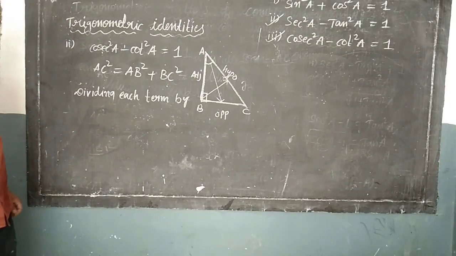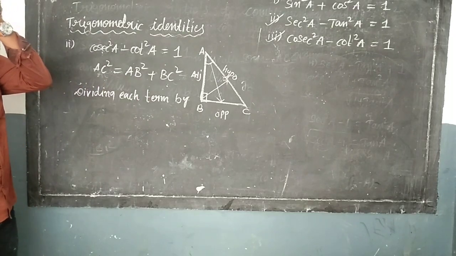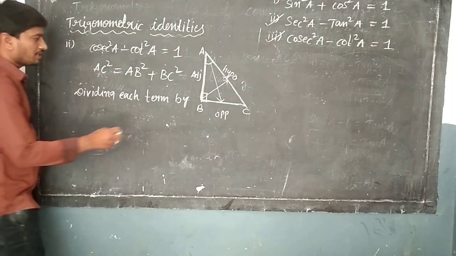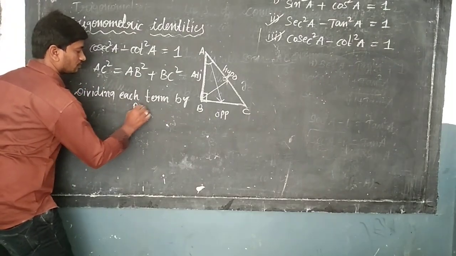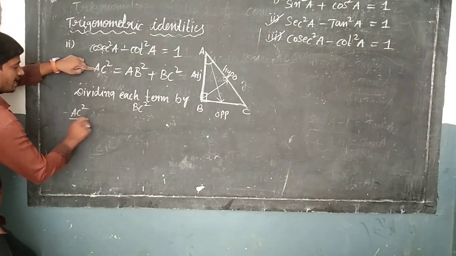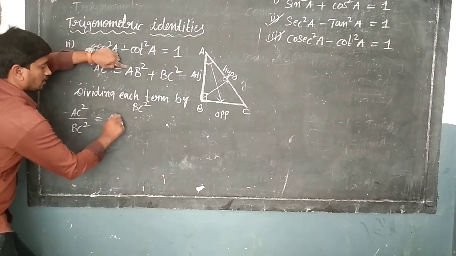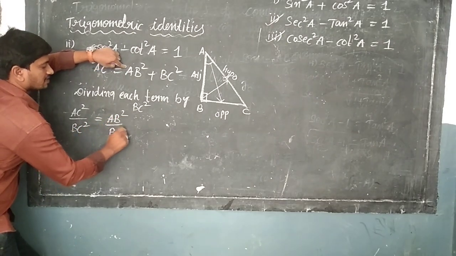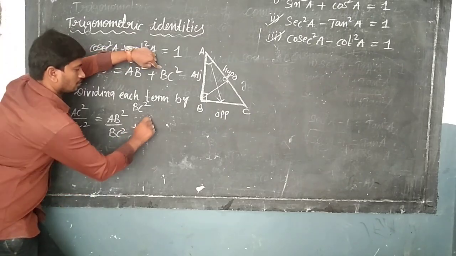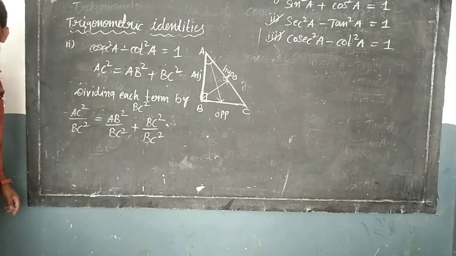Now what you do? Divide each and every term by BC square. Now AC square by BC square, AB square by BC square, BC square by BC square.